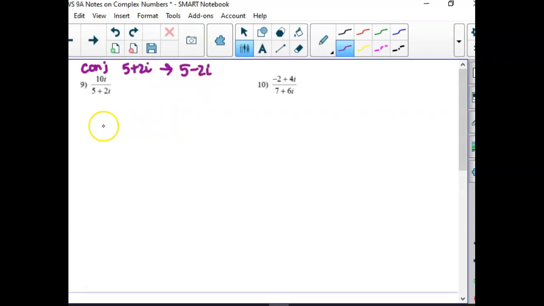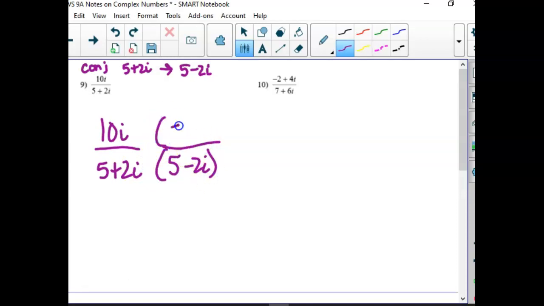Everybody good? And we're really just making it a form of 1 by making it 5 minus 2i in the denominator and 5 minus 2i in the numerator. Does everybody see what I'm doing there? By writing it that way, it's just 1, so I'm not changing the number.